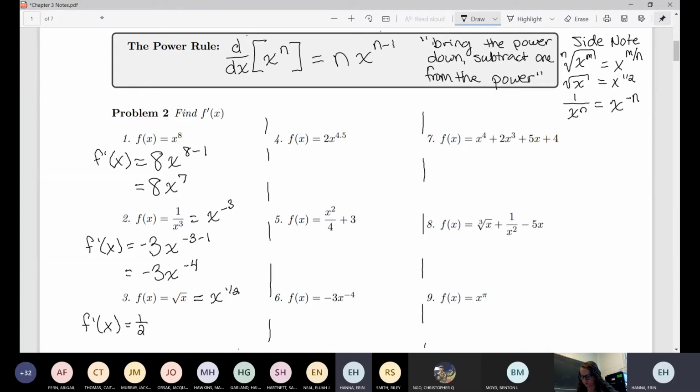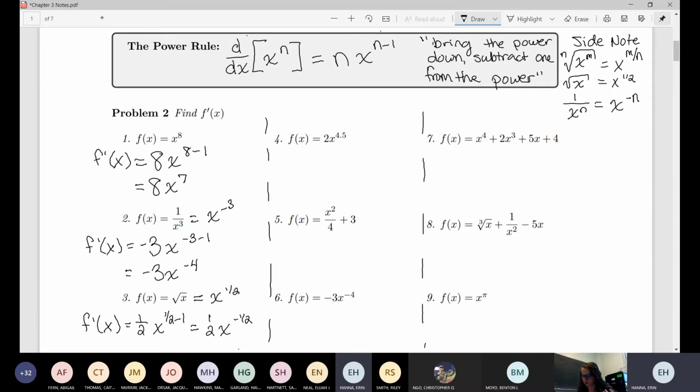Bring the power down. Subtract 1 from the power. Technically I would like to write it underneath, but I've run out of space. So 1/2 x to the negative 1/2.